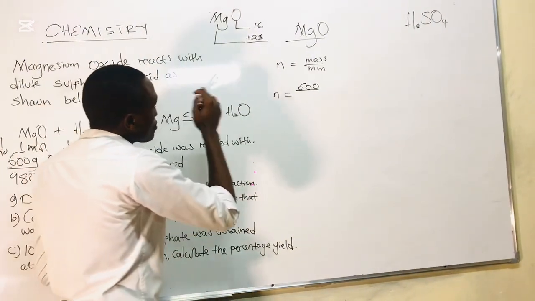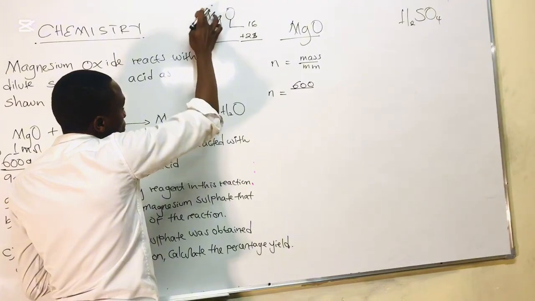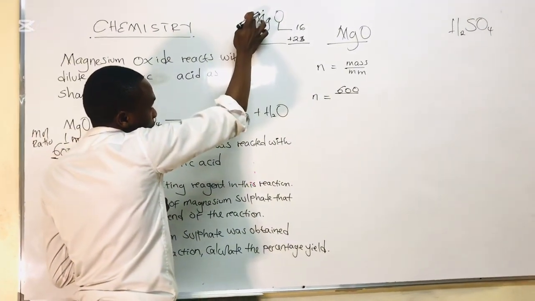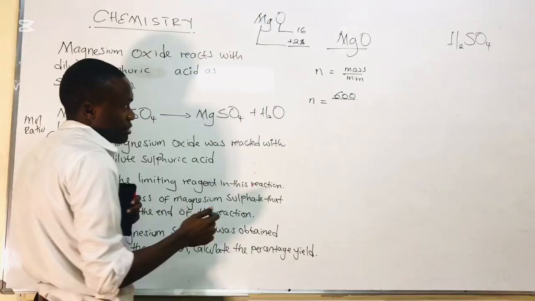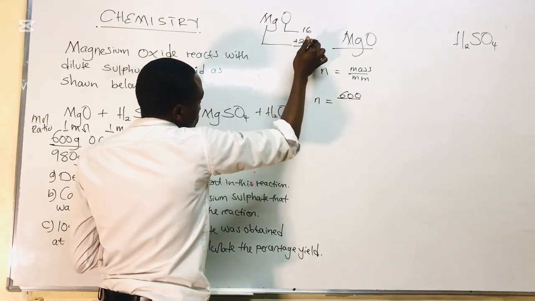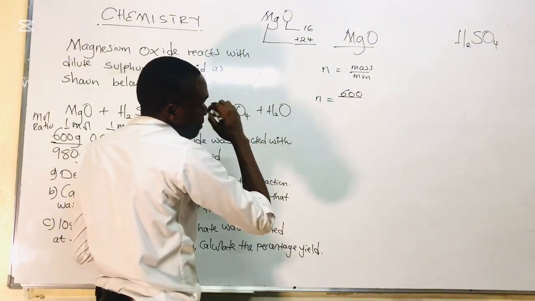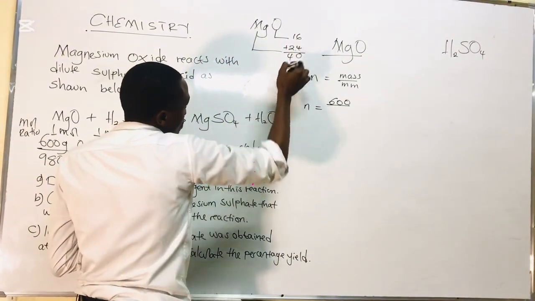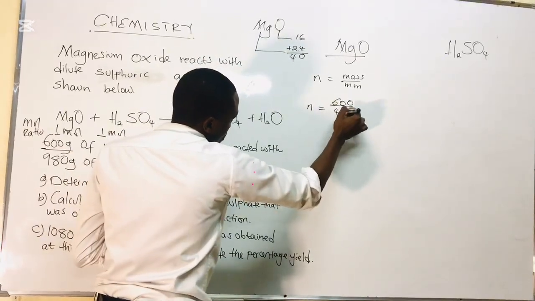Magnesium, we have 24 on top there. When you go to the periodic table, the mass number of magnesium is 24. So 24 multiplied by 1, you get 24. Now you are just going to add these. When you add 24 plus 16, you get 40.